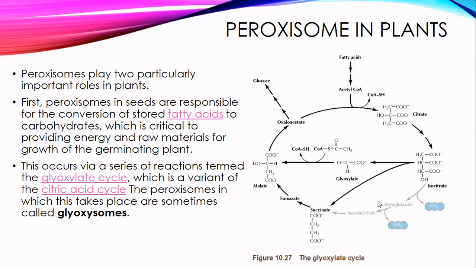So hindi na siya mag-transform into ketoglutarate or isocitrate. Now in TCA, sa TCA naman, the isocitrate will not transform into glyoxylate, but it will transform to ketoglutarate and succinyl-CoA, producing 2 molecules of carbon dioxide. Yun lang ang sa TCA.